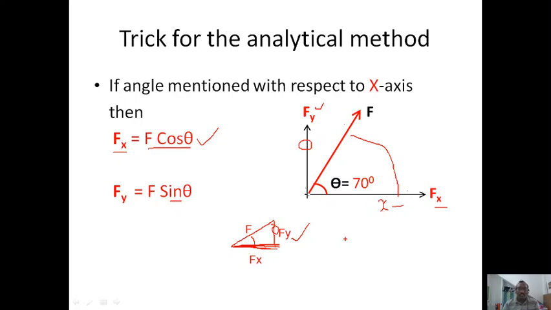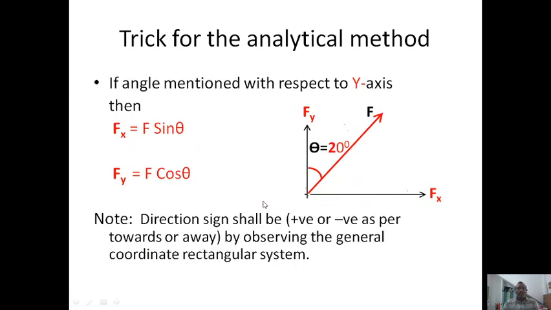All the components' angles might not always be with the x-axis. Some angles will also be given with respect to the y-axis. Then how are you going to deal with that? In this case, the angle is given with respect to the y-axis.